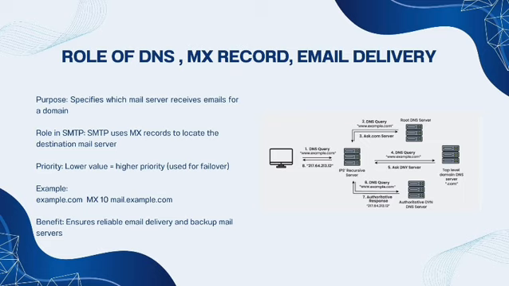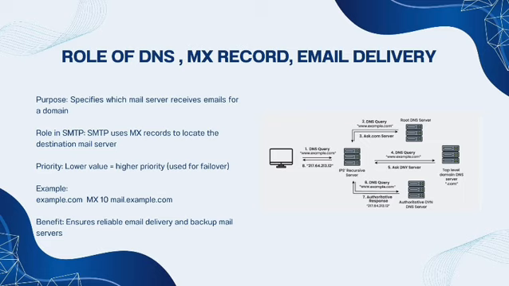For example, if an email is sent to user@gmail.com, the sender's mail server queries DNS for the MX record of gmail.com. DNS returns Google's email server address, and SMTP uses the information to deliver the email. If the primary mail server is unavailable, SMTP uses the next available server based on priority.